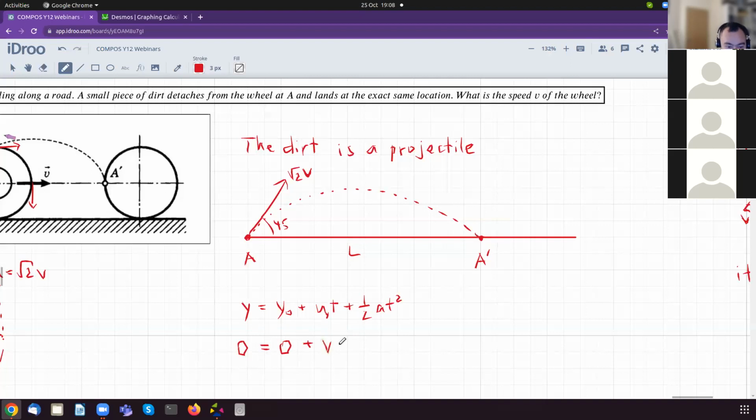The vertical displacement is v t minus 1/2 g t squared. From here, we can deduce that 2v minus gt equals 0. T is equal to 2v divided by g. This will come in handy. That's the time of flight, which is 2v divided by g.